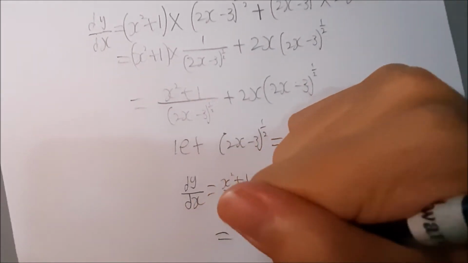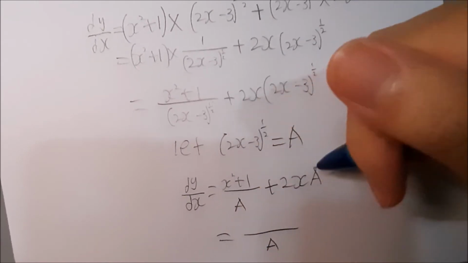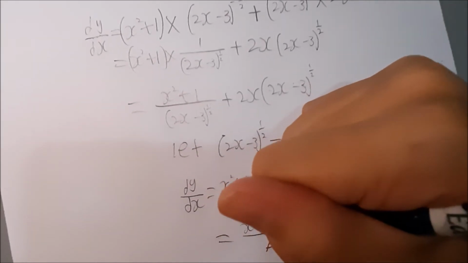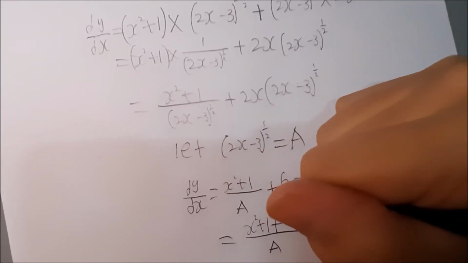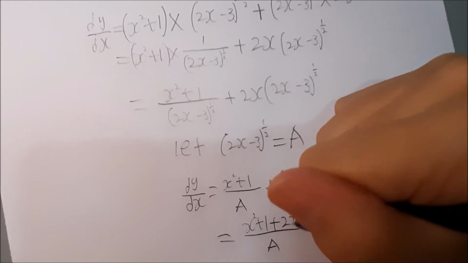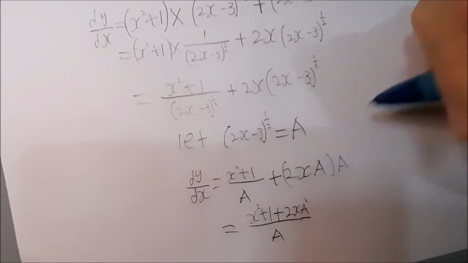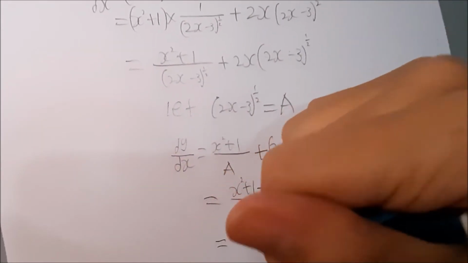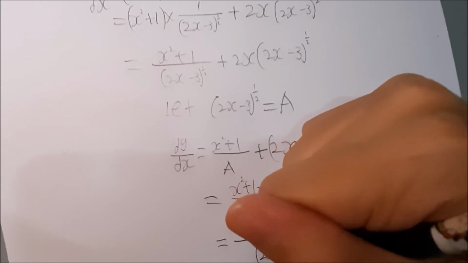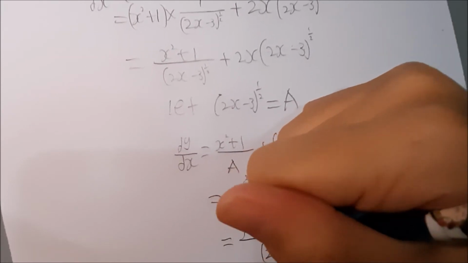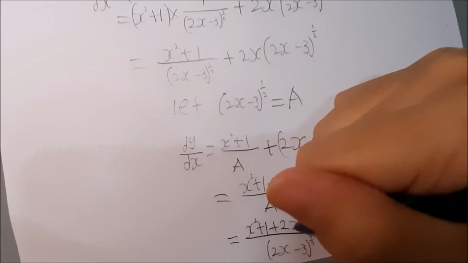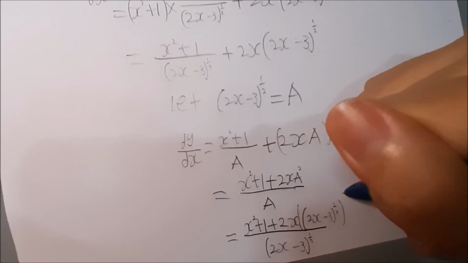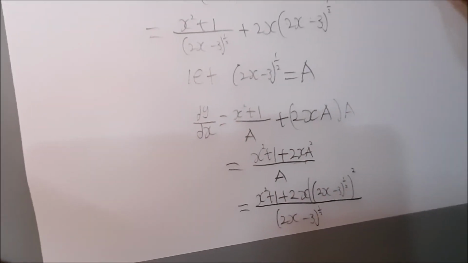And now you can make the denominators all the same. So you times a to this. So it becomes x squared plus 1 plus 2xa squared, so the whole thing divided by a. And now if you substitute the a values, you get 2x minus 3 to the power of half, x squared plus 1 plus 2x times 2x minus 3 to the power of half, the whole thing squared, just like that.